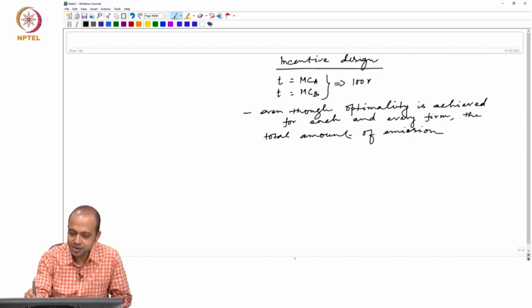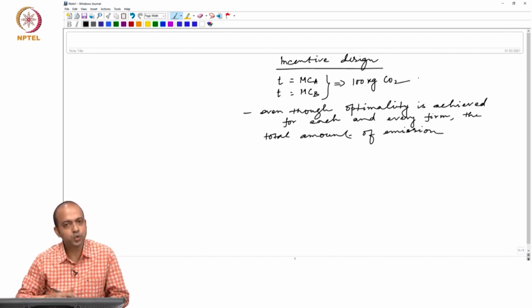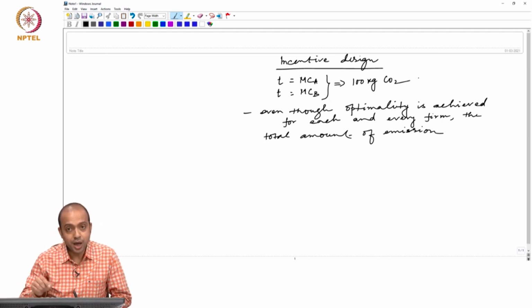100 kg of CO2, which was unknown to the policymaker at the beginning. When the policymaker designed the tax rate, it was unknown.